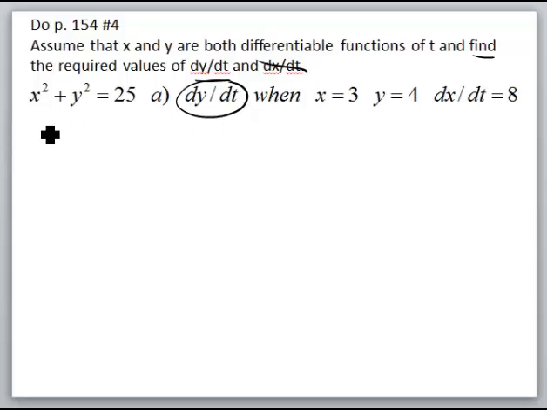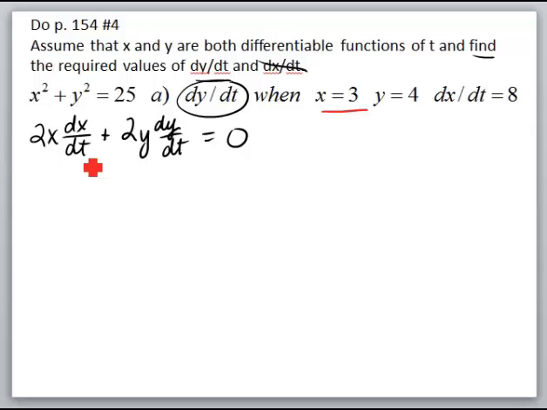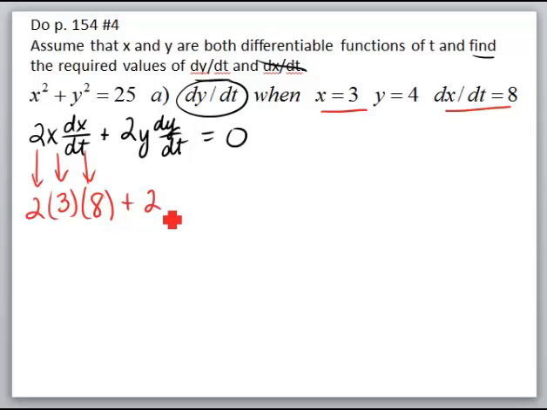We're going to take the derivative, 2x dx over dt, and I am taking the derivative with respect to t, plus 2y dy over dt equals 0. Plug in my values. I have that x is 3. I have this 2 out in front. I know dx over dt is 8. I know that I have a 2.